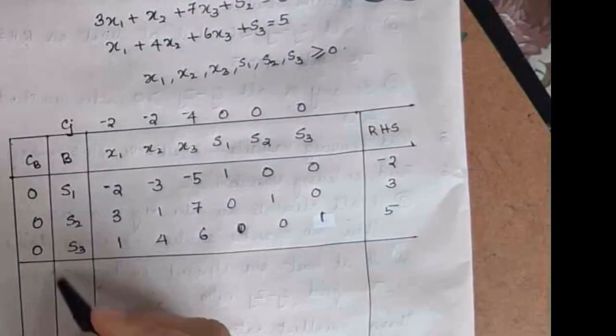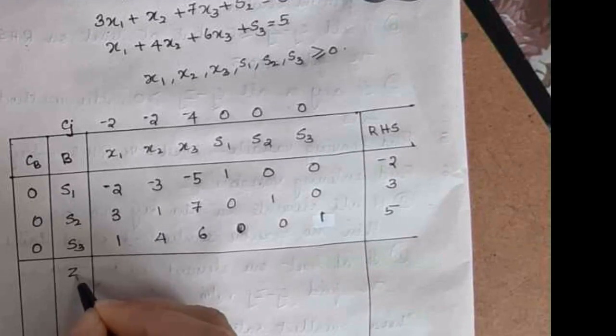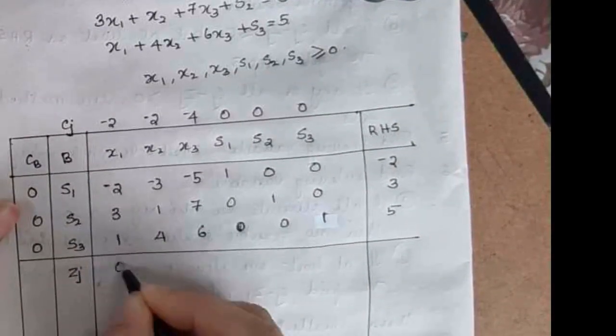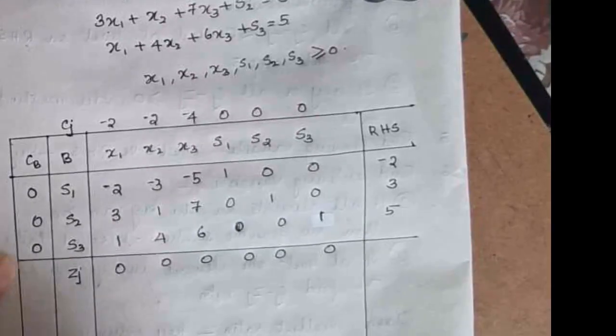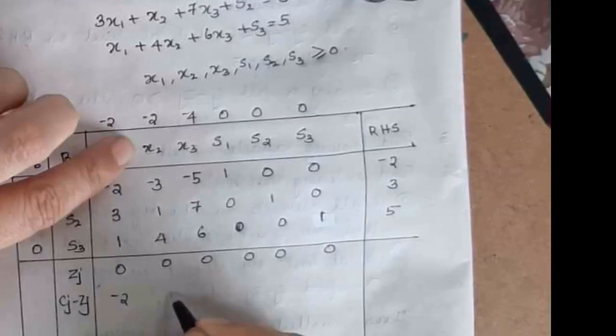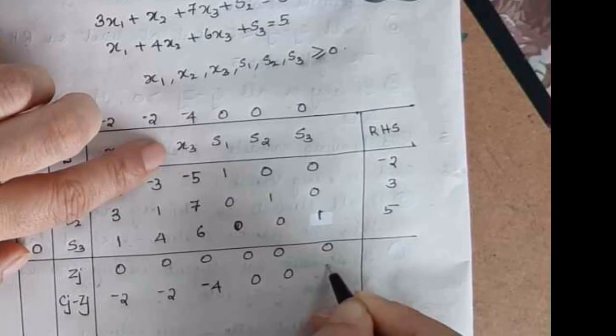Now we have to write the Cj minus Zj value. What is Zj first? Zj will be all zeros, because the costs are all zeros. Next, Cj minus Zj will be -2 minus 0, so you will get -2, -2, -4, 0, 0, 0.